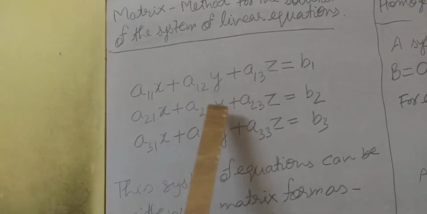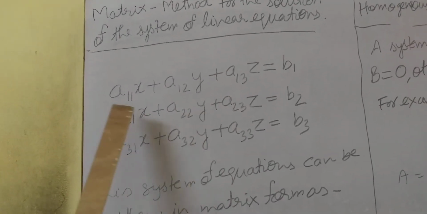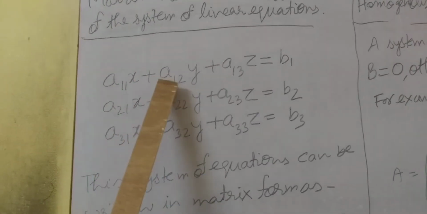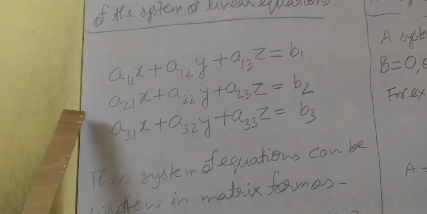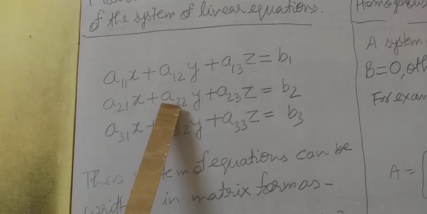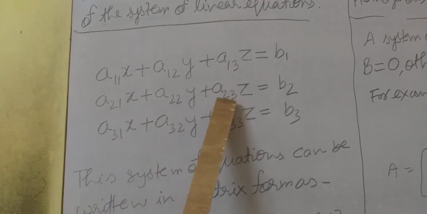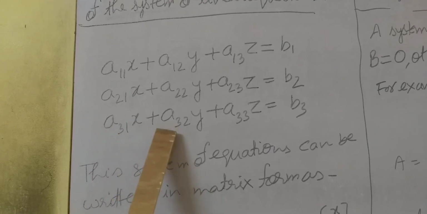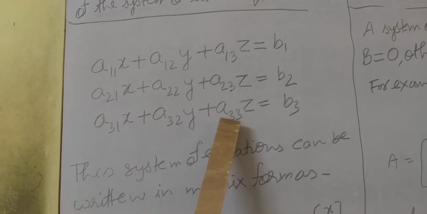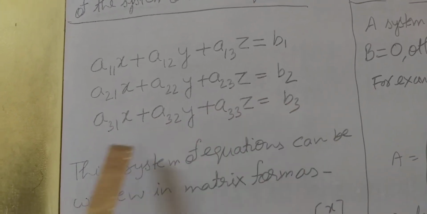These three linear equations are given to us: a11x plus a12y plus a13z equals b1, a21x plus a22y plus a23z equals b2, a31x plus a32y plus a33z equals b3.